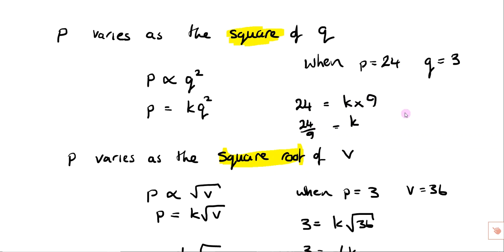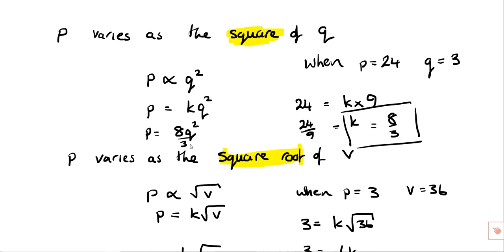So what does 24 over 9 simplify to? 8/3. 24 divided by 9 is 8 divided by 3. Good. So we can do K in simplest terms as 8 divided by 3. So over here I can now write P is 8Q squared over 3.